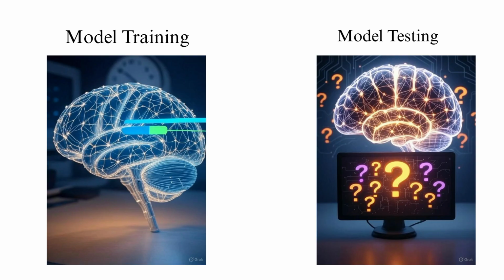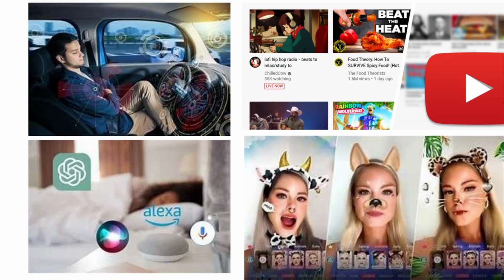Now let's look at how machine learning is already being used in the world around us. Have you noticed how YouTube suggests the videos you might like to watch next? That's machine learning in action. It looks at what you watched before and tries to guess what you will enjoy. When it comes to maps, apps like Google Maps use ML to tell you the fastest route.